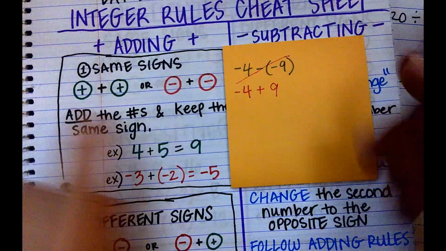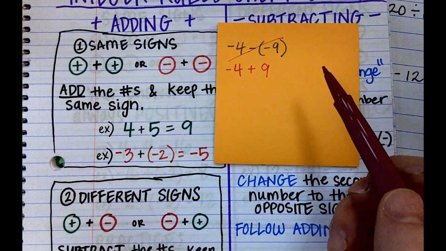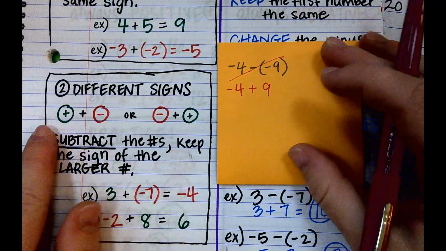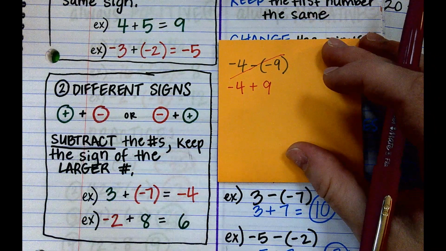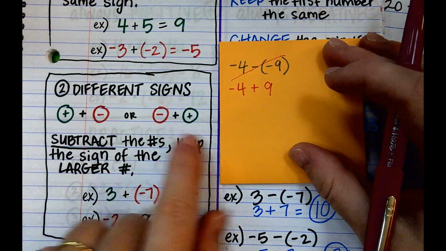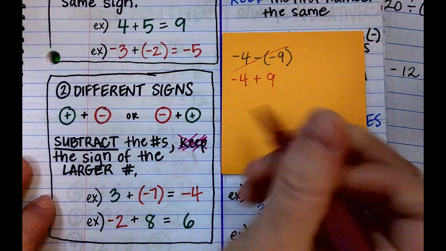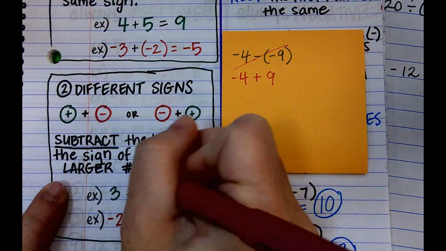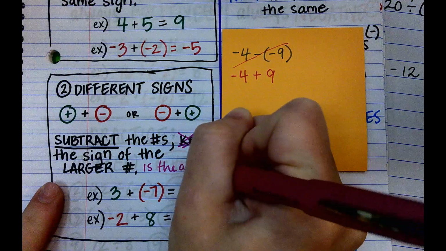Do I have two numbers with the same signs or different signs? Different signs. When I have different signs, we subtract the numbers. The sign of the larger number is the answer.